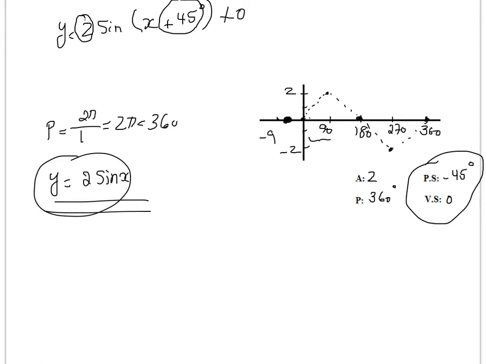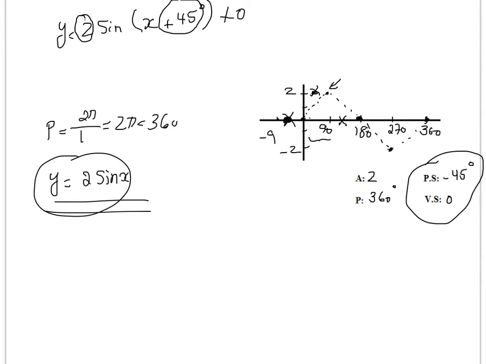Okay? Now let's look at this point now. Do the same thing. Go to the left 45 degrees. So it's going to be this point, which I'm going to show with a cross. Better to use the cross. Now go to this point, 180. I go to the left 45 degrees, which is this point. Now go to this point, the third point.